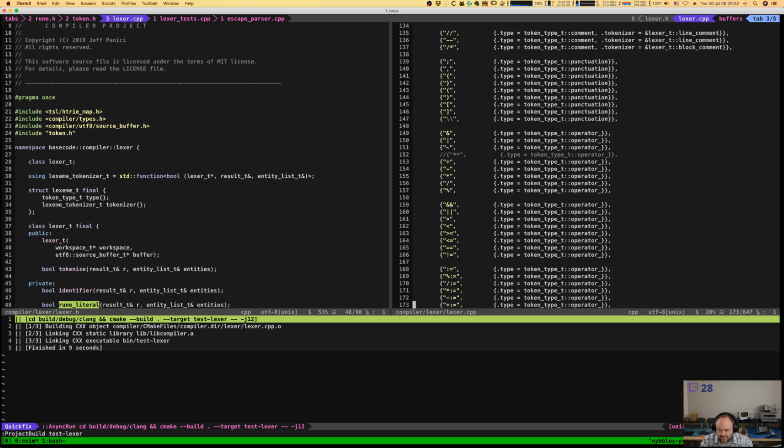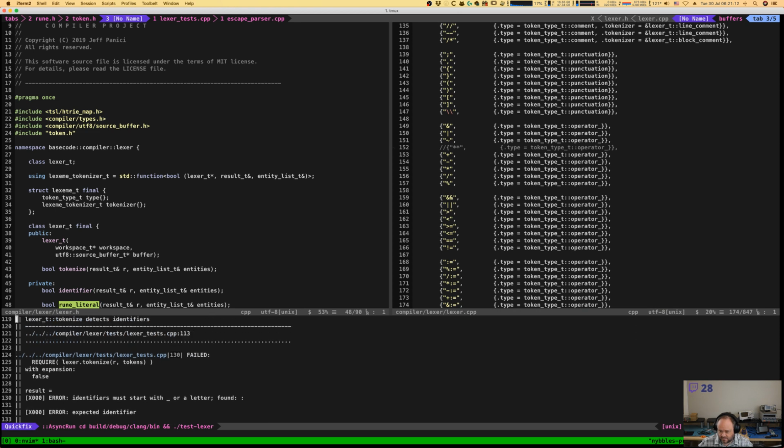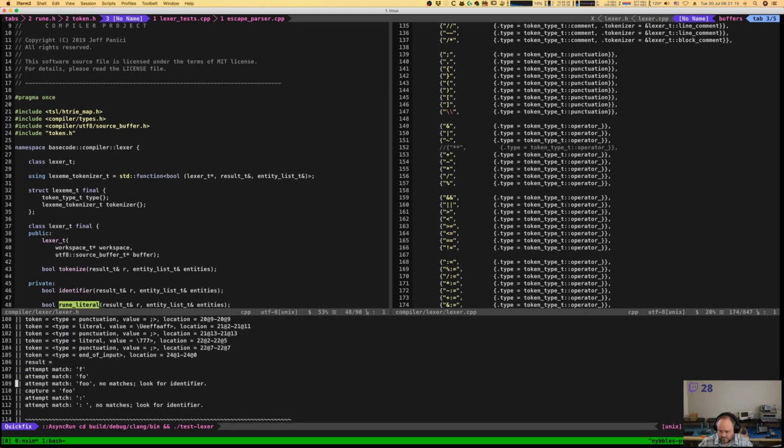It's finding everything that begins with a colon. But because there is more than one match, it's continuing to look at the next character.